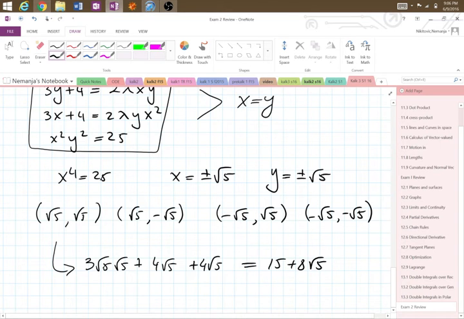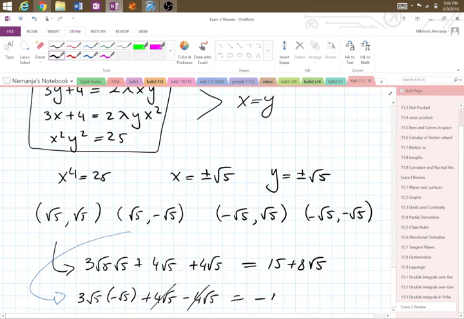The next point would be 3 root 5 times negative root 5 plus 4 root 5 minus 4 root 5. These cancel. You get negative 15.